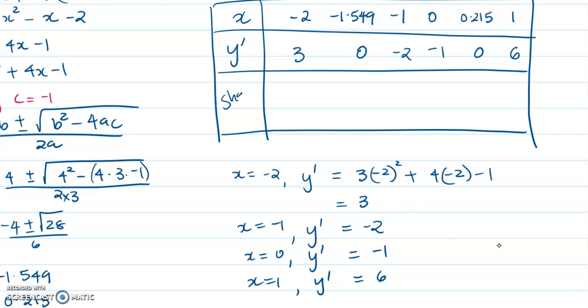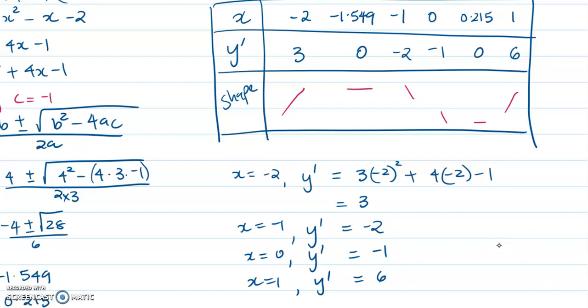So now the shape, if you have a look, this is positive gradient, so looking like that. This is 0. That's negative gradient, looking like that. Another negative gradient, so that means it'll keep continuing. This is a 0, and then that becomes positive.